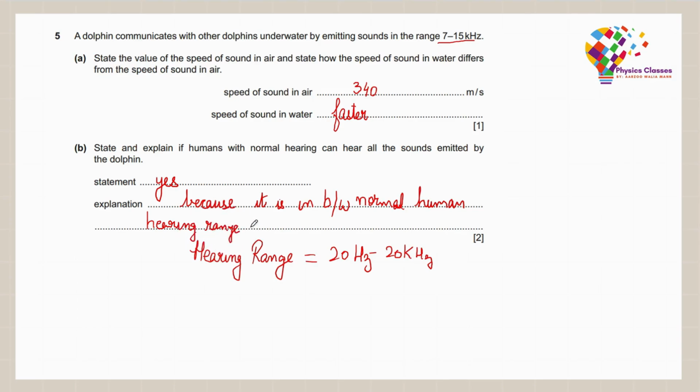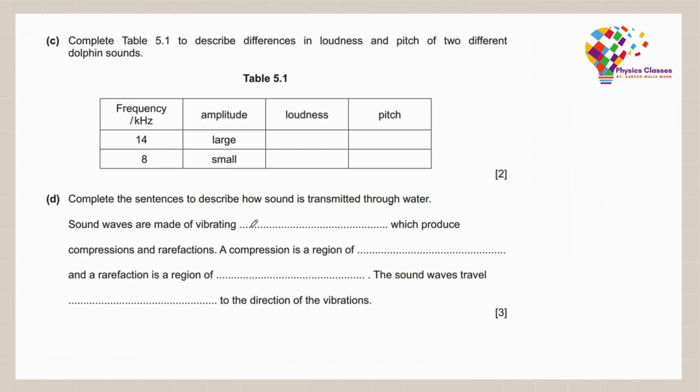Now for part C, we have to complete table 5.1 to describe the differences in loudness and pitch of the two different dolphin sounds. So for frequency 14 kilohertz, the amplitude is large, so the loudness would also be large, because large amplitude means that the loudness is large. And pitch is directly proportional to the frequency. Since 14 is greater than 8, the pitch here is also high.